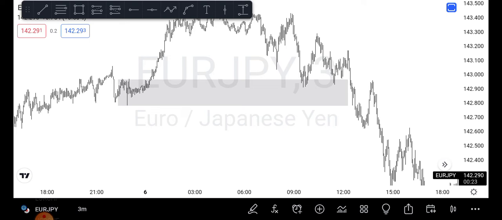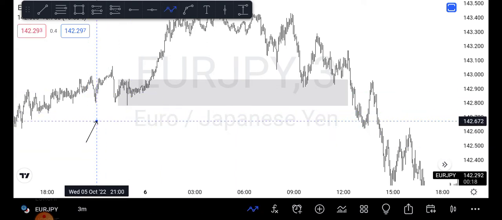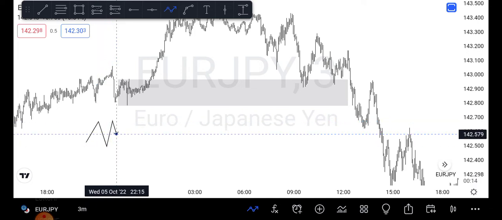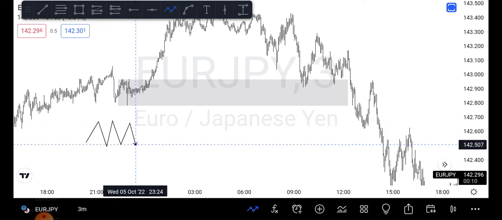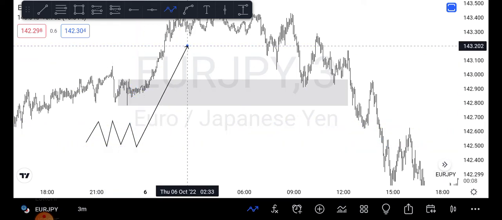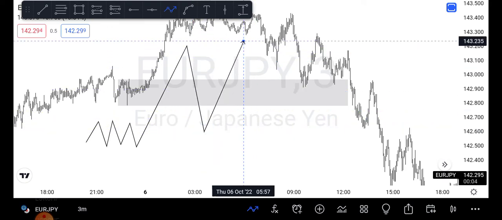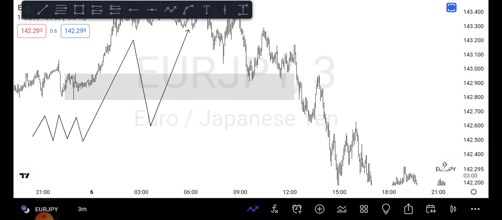If you have a supply and demand, this is how a supply and demand looks like. Let's say a demand zone, and before breaking, then coming back, right? This is how a demand zone looks like. But an order block will look like this.